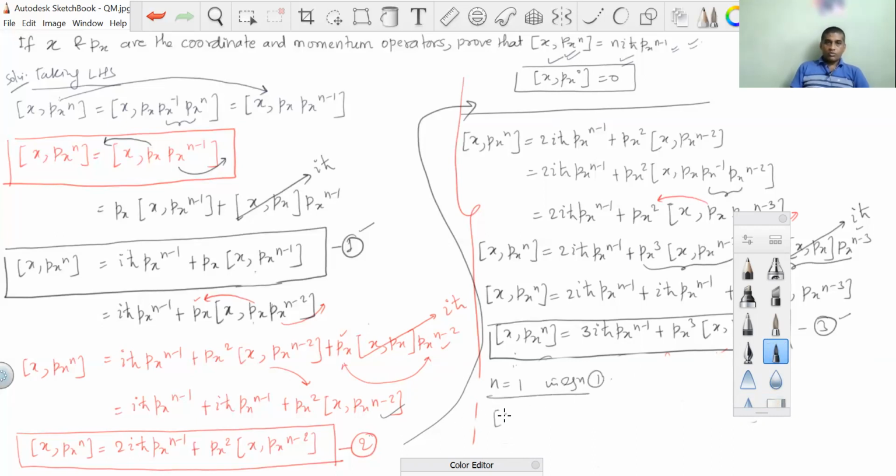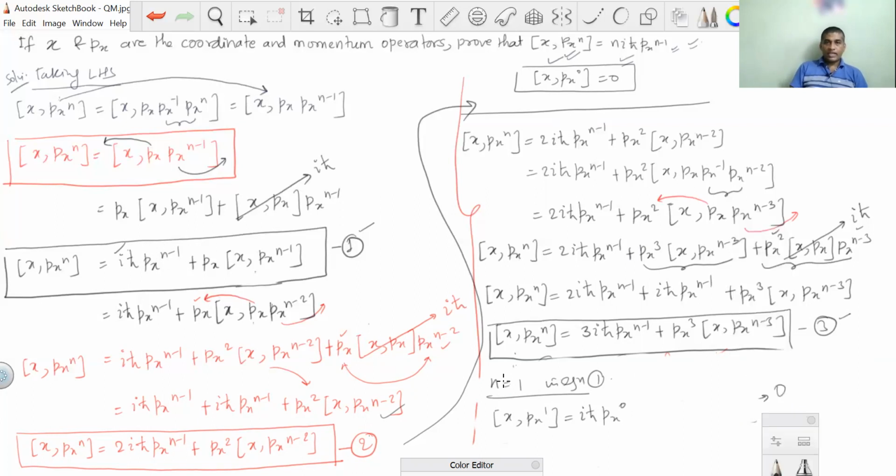We can write the commutator of x, px power 1 equals I h bar px power 0, because we have n minus 1 and we are taking n equals 1, plus px times the commutator of x, px power n minus 1, so this is 0.